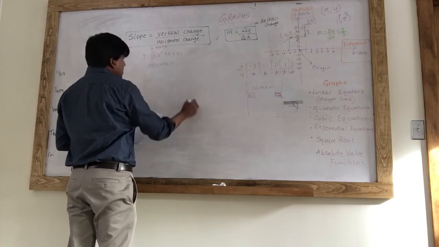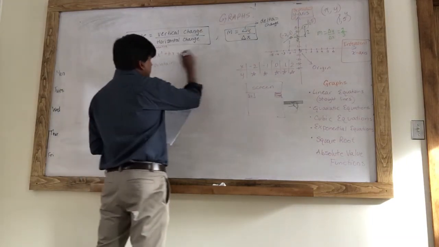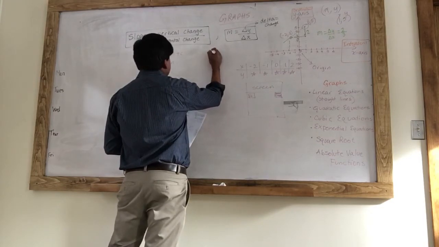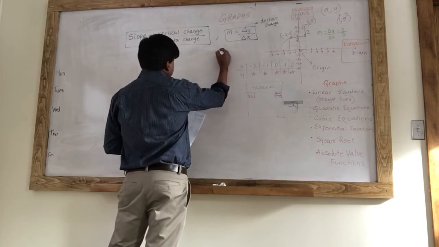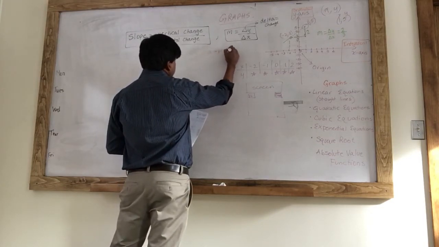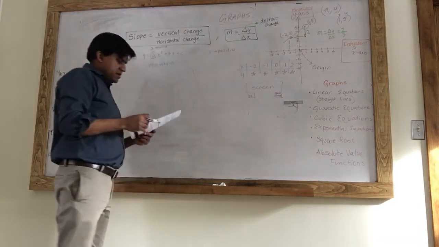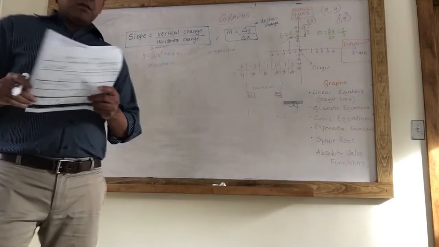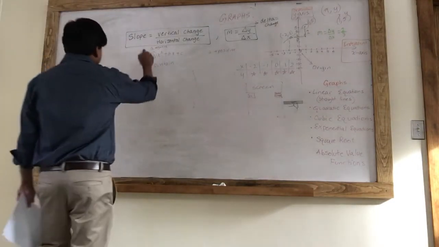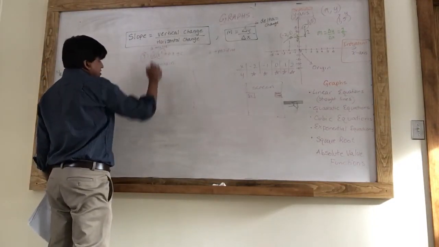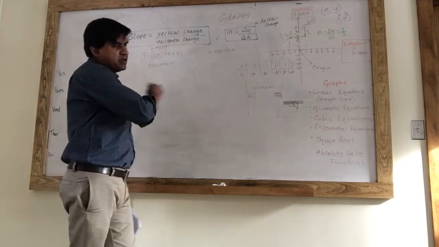So your graph will be like this. If I were given a as positive, then I would get a valley, the shape, right? So whenever you have y and an x squared, you'll always end up getting these shapes.